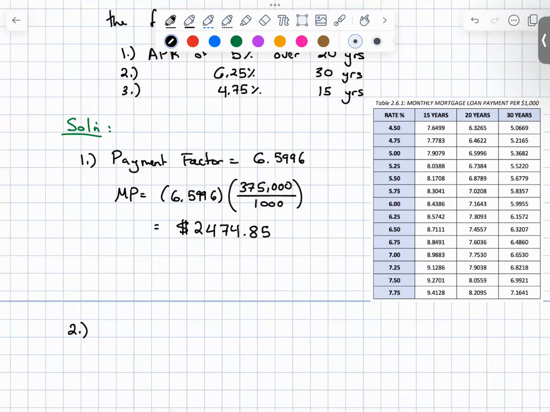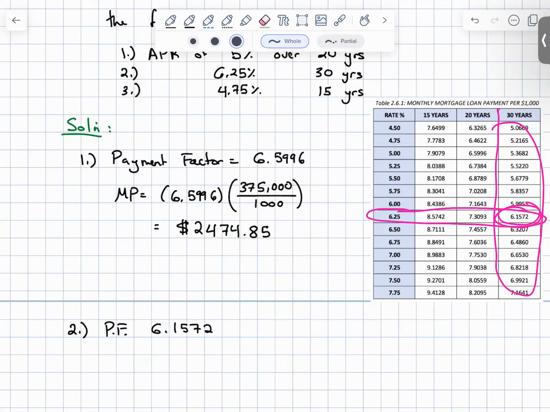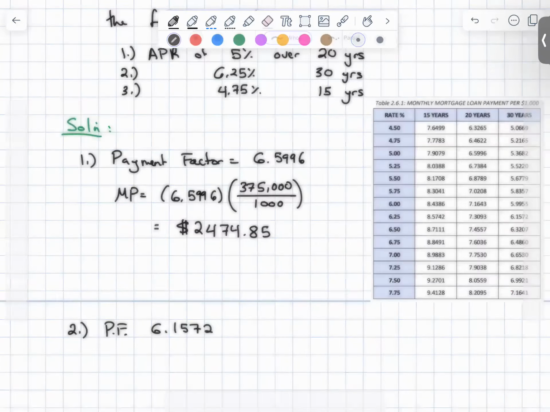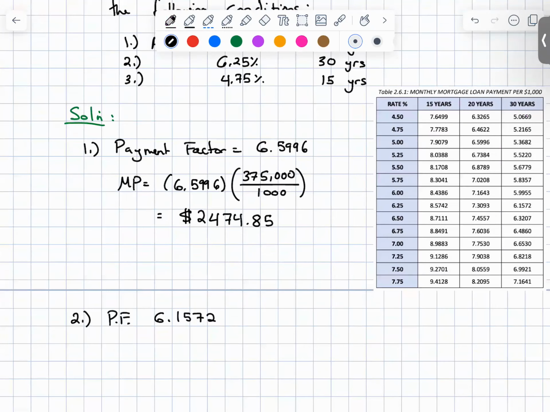Number 2 was an APR of 6.25%. So we find the 6.25% and it's over 30 years. So our payment factor, the PF, is 6.1572. And it's the same calculation, except with 6.1572 instead of 6.5996.